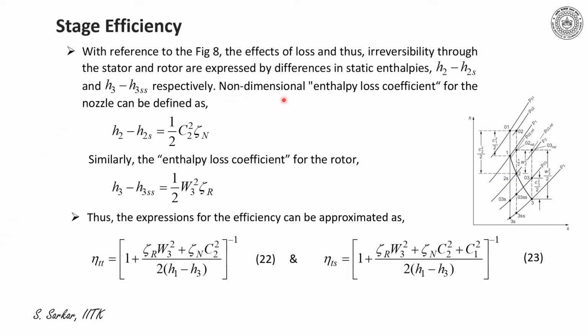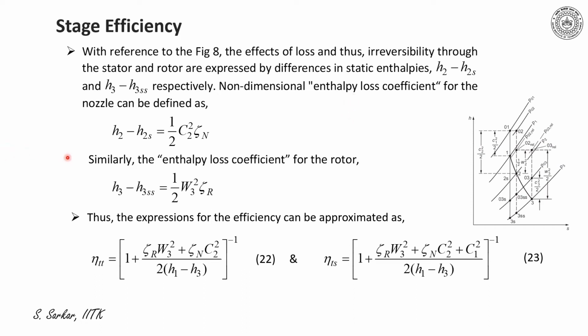Therefore, the non-dimensional enthalpy loss coefficient for the nozzle can be expressed as H2 minus H2s is equal to half C2 square into zeta n, where zeta n is the enthalpy loss coefficient for the nozzle.